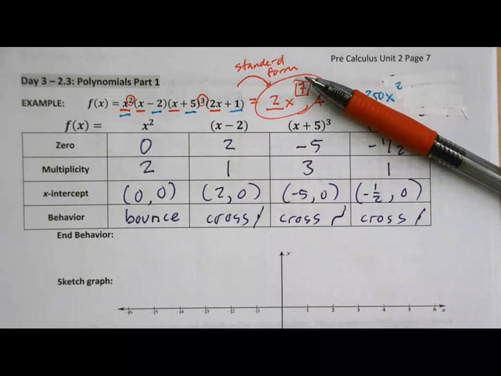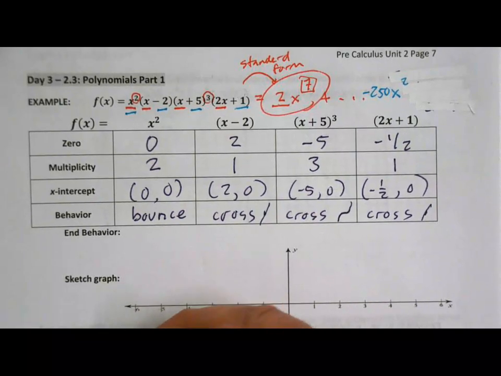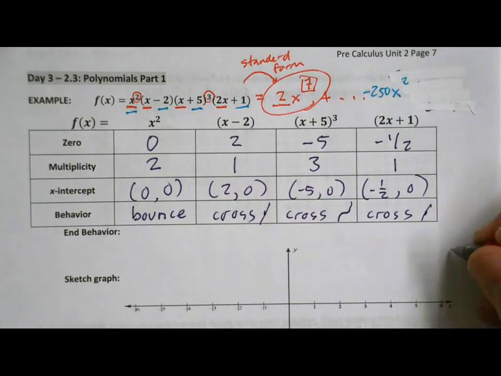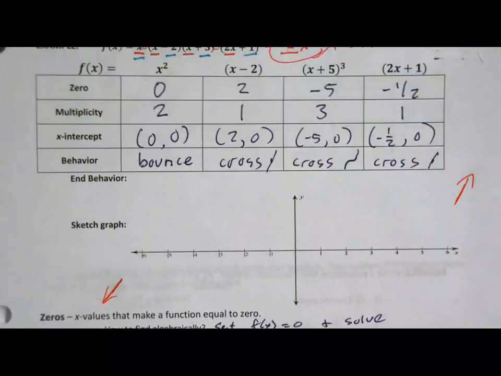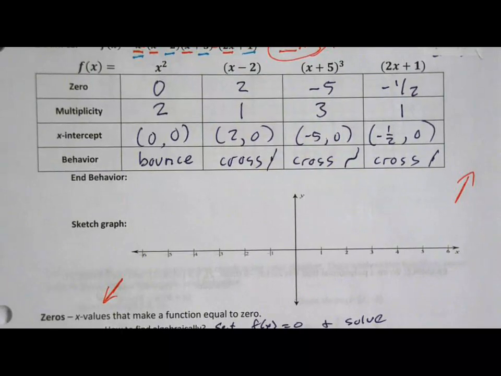We got this thing. So we know that it's going to be going down on the left side, and it's going to be going up on the right side. That doesn't tell us anything about what's going on in between. It just tells us that eventually that's what the graph's going to end up doing at its furthest reaches.